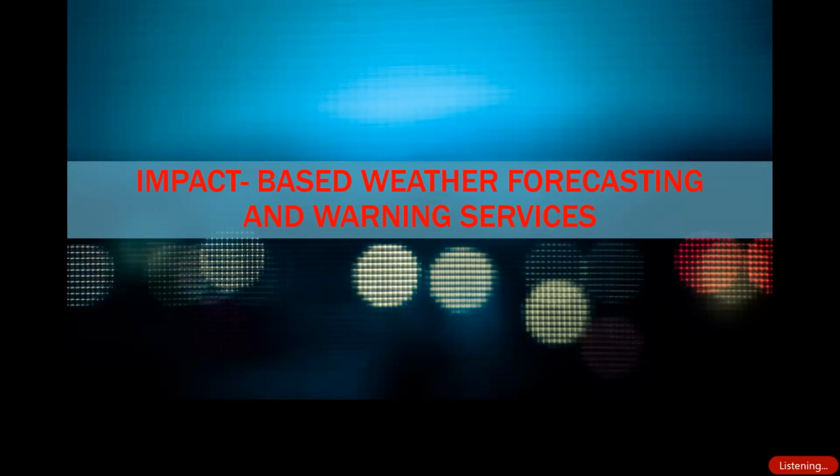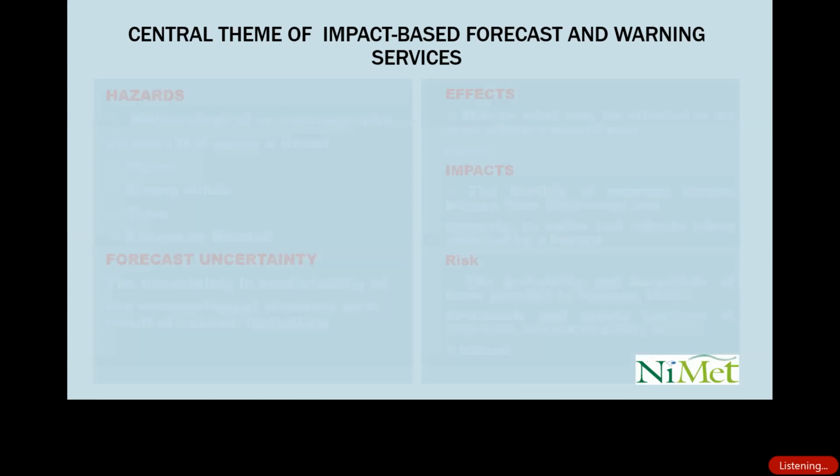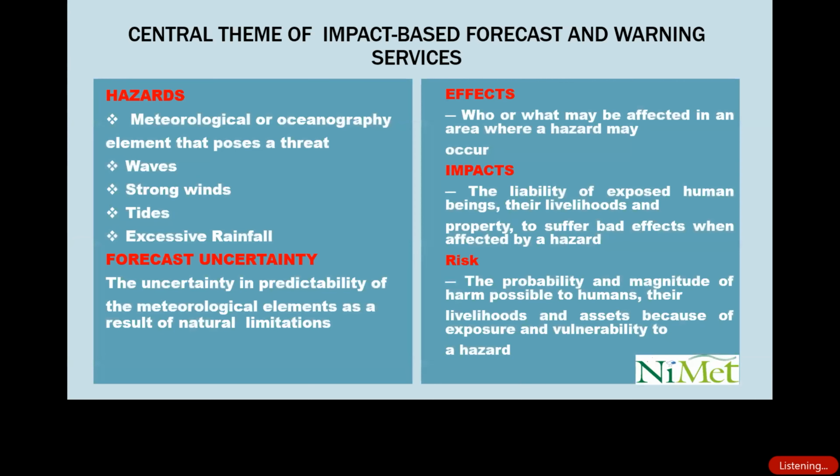Now, what are impact weather forecasting and warning services all about? It is all about noticing the elements that can cause threats, like wave, wind, tide, and excessive rainfall, and also reducing the forecast uncertainty, which comes up as a result of the length of period in making forecasts.